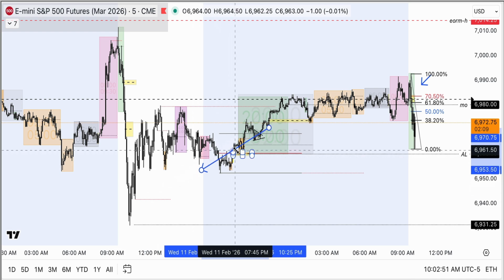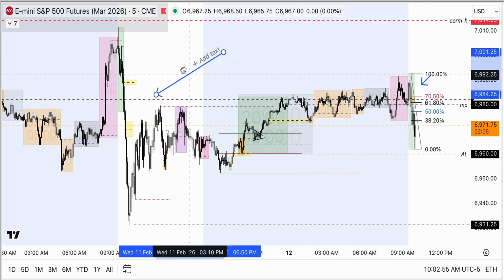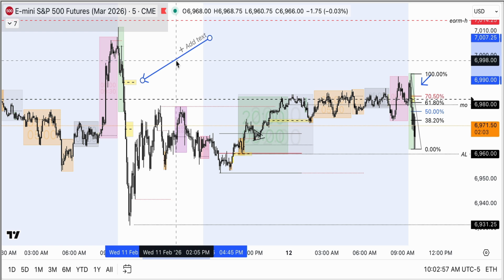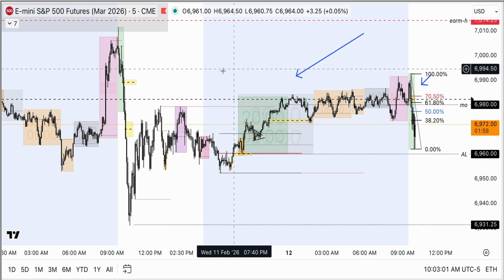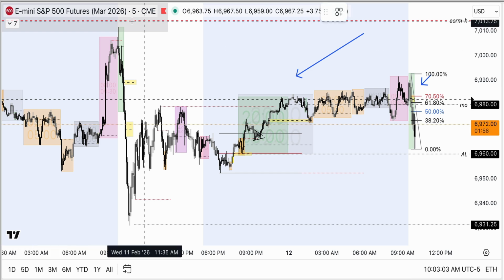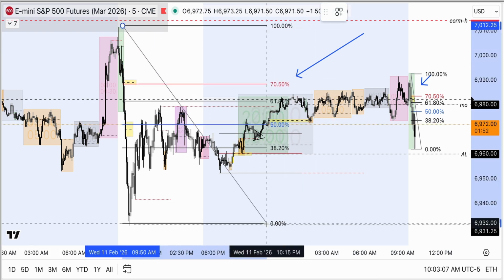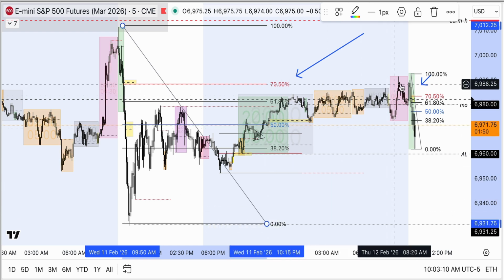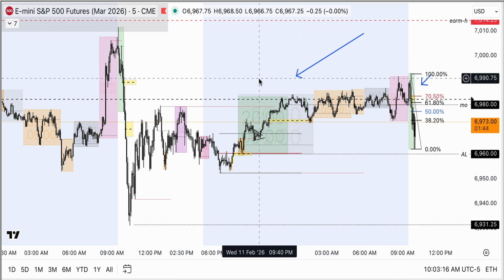And then what do we have here? A retracement. Where is it going? Into this fair value gap, on the 5 minutes. And if you run the fib from this high to this low, you can see that overlaps with the 70 as well. Same model, but across the sessions. This is a much bigger thing.